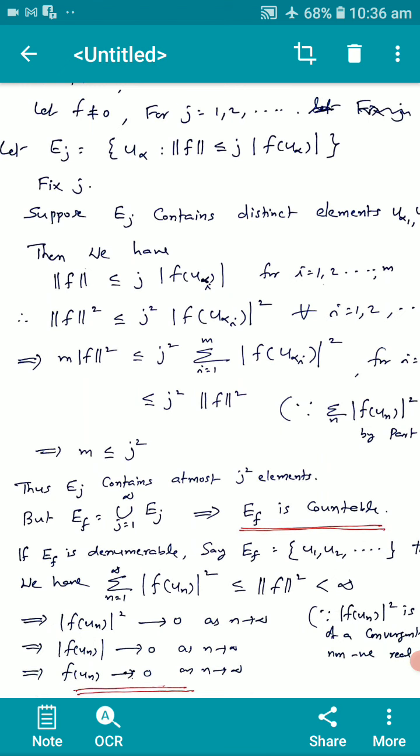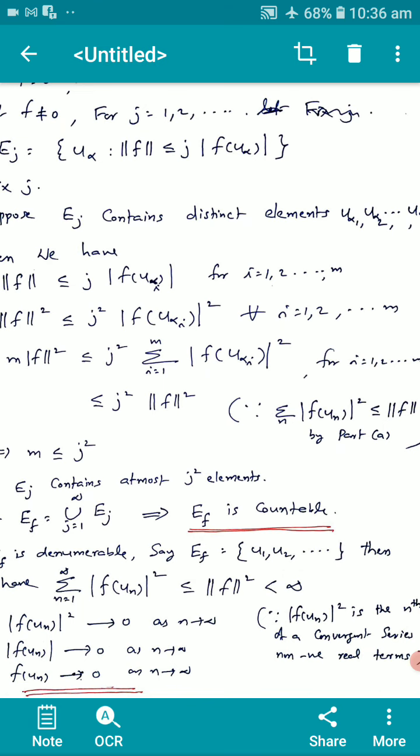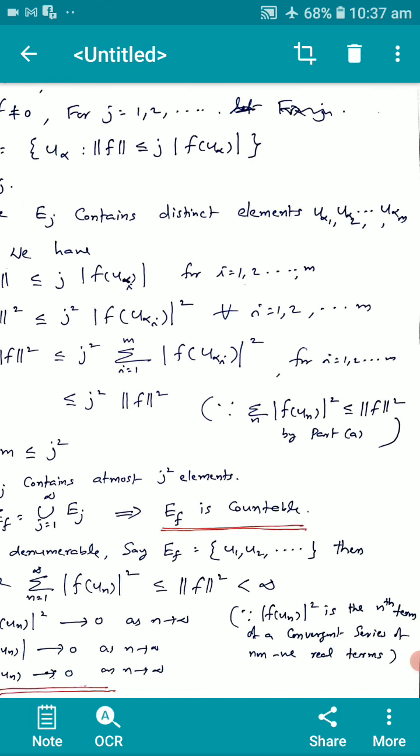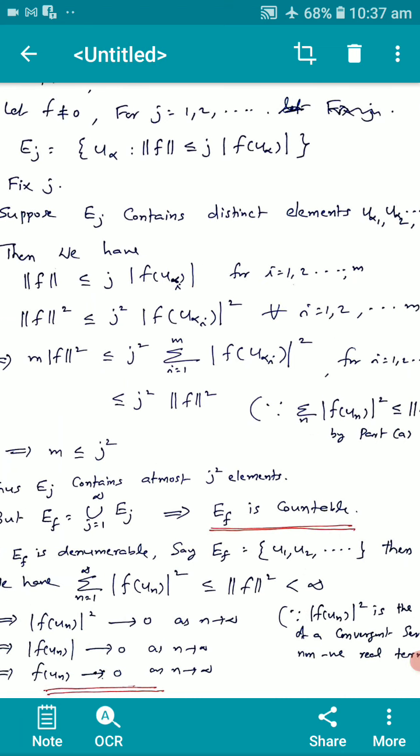So what are you getting? M norm f square is less than or equal to j square sigma i equal to 1 to m modulus of f u alpha i square, which is less than or equal to j square into norm of f square, because of part A: sigma n modulus of f un square less than or equal to norm f square, which you are replacing here.